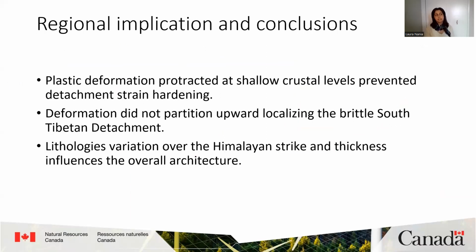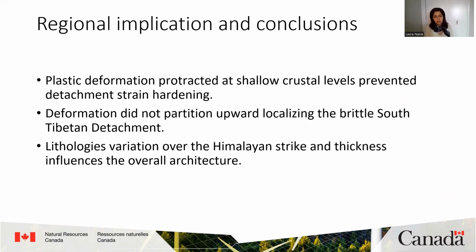So basically, the deformation was able to keep going without any necessity for a new localization of the deformation until the rocks reached the brittle deformation regime. So we can also have brittle features.